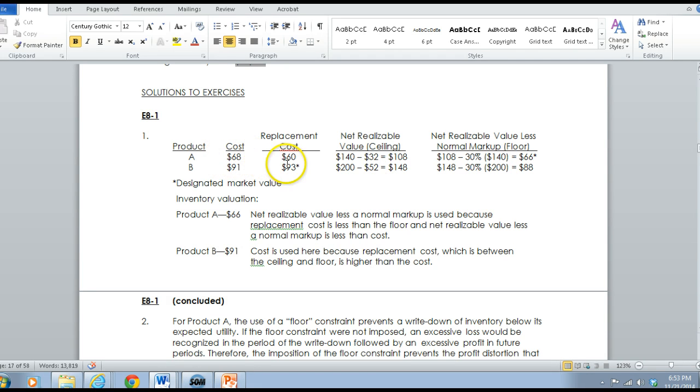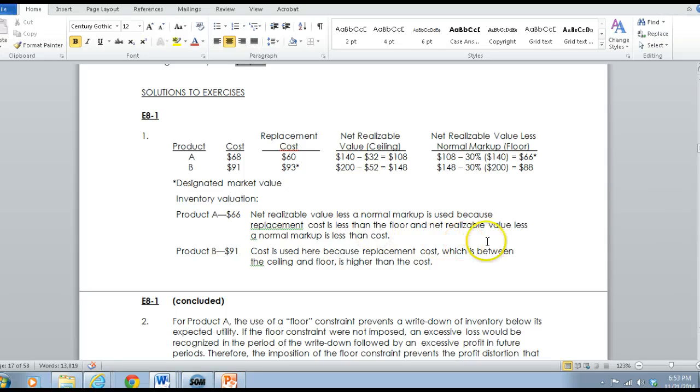Okay? So as you see here, our cost is at 68. We've got a replacement cost here at 60. But we can take the floor here of $66 as the replacement cost, as you see here. So basically, we've got a loss here of $2. The net realizable value less a normal markup is used because the replacement cost is less than the floor.